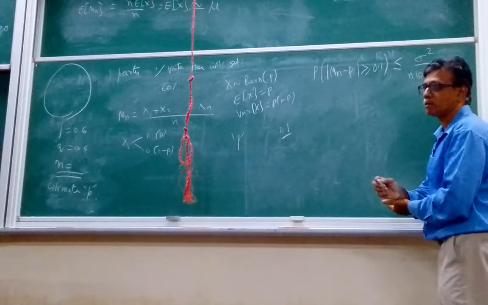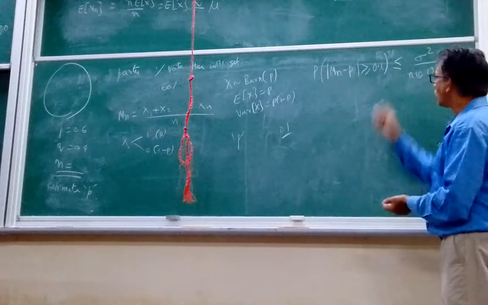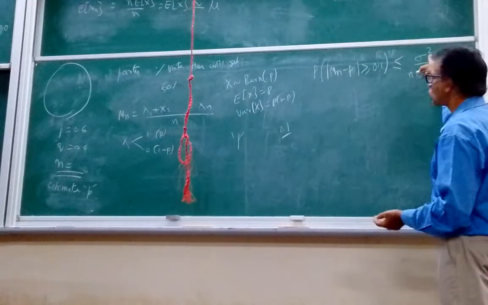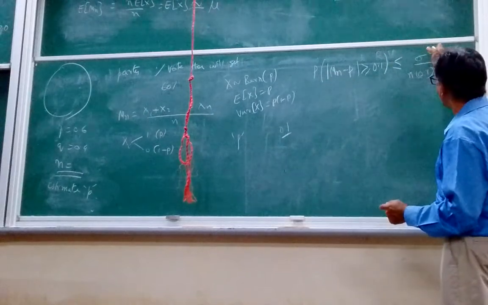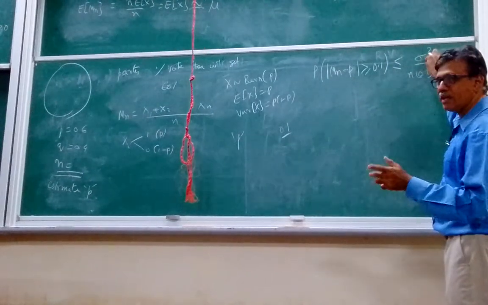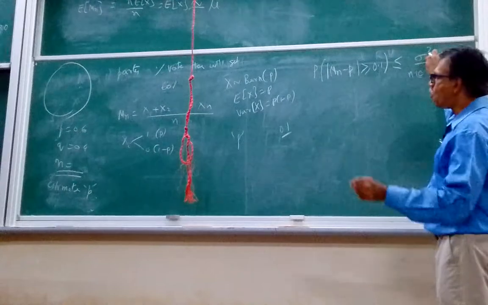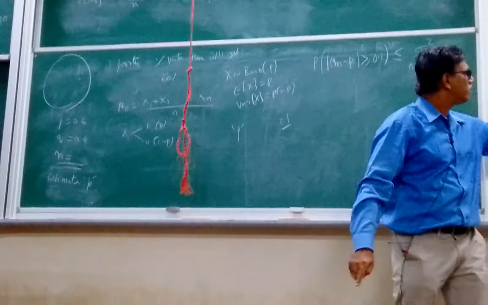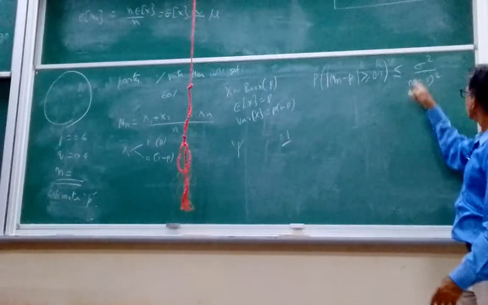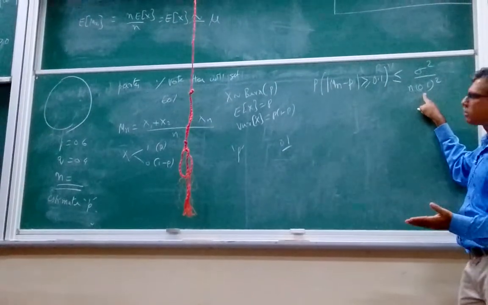That is very important, because it is a sample average. What is sigma squared? It is the variance of the Bernoulli random variable. The individual random variable has variance sigma squared, and once you take the sample mean, it becomes sigma squared by n. That is what we have seen. And this is the epsilon squared.